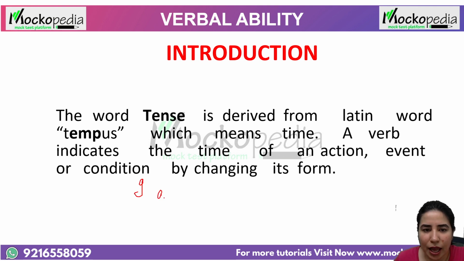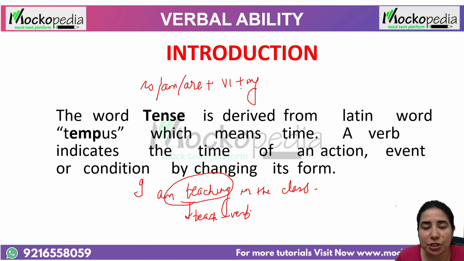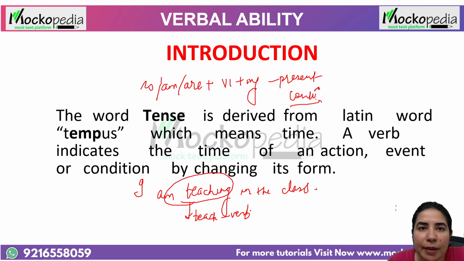I am teaching in the class. So as you can understand, the verb is teach. So the action that is happening is teach. But with the help of is, am, are plus verb first form plus ing, which is nothing but present continuous, right? With the help of this, we are able to understand that the action is happening at the time of speaking. So how did you realize?